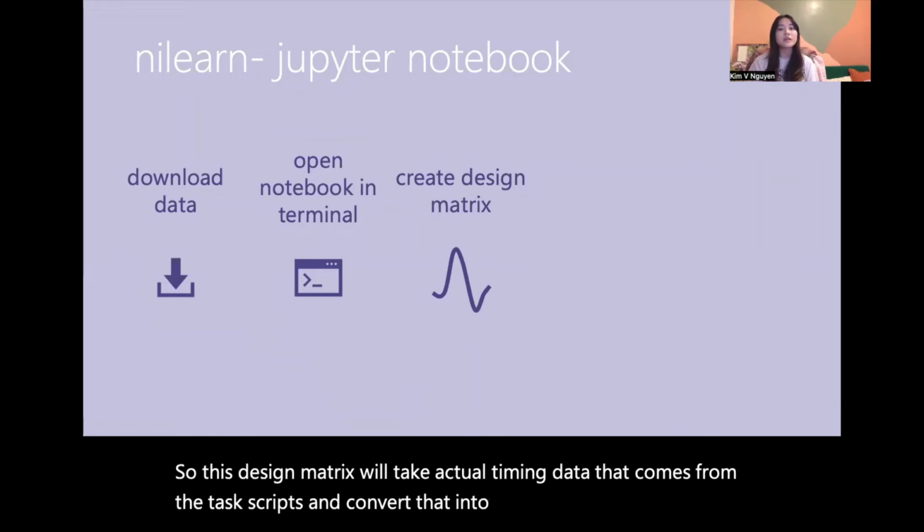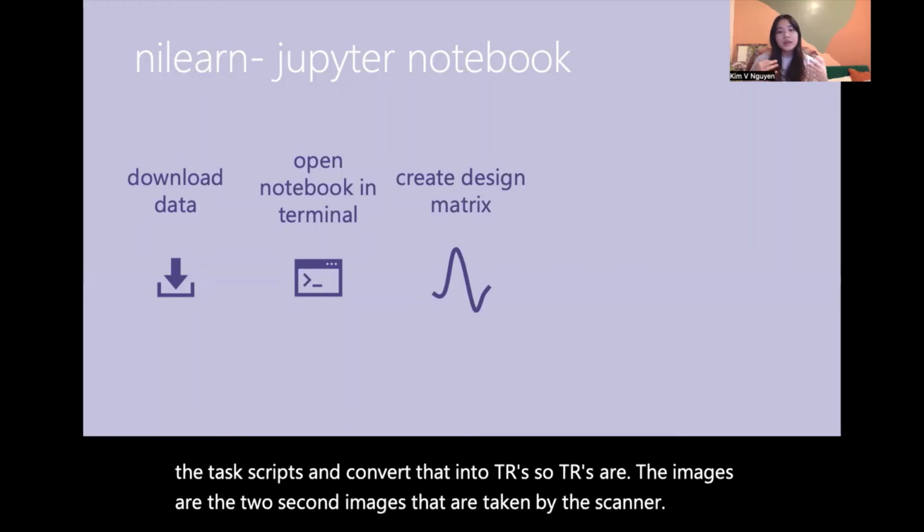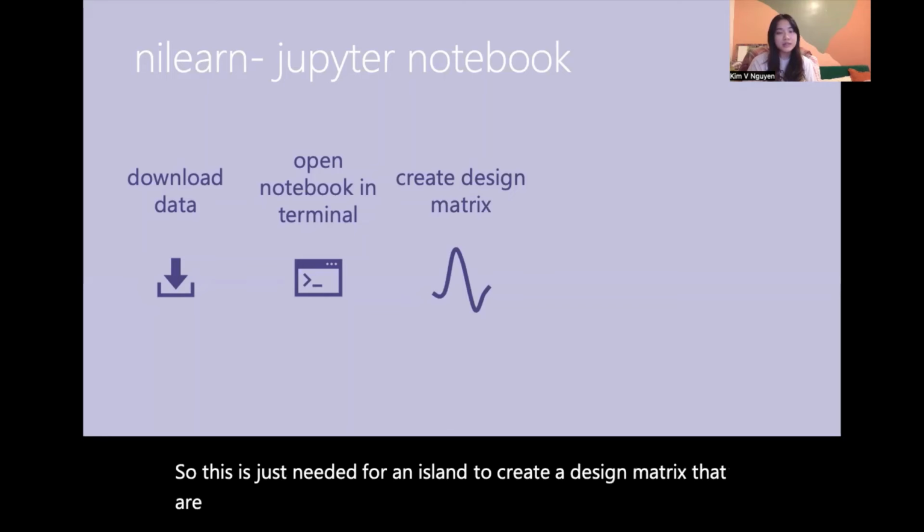TRs are the 2-second images that are taken by the scanner. This is needed for NiLearn to create a design matrix that is indexed by TRs instead of seconds or milliseconds.